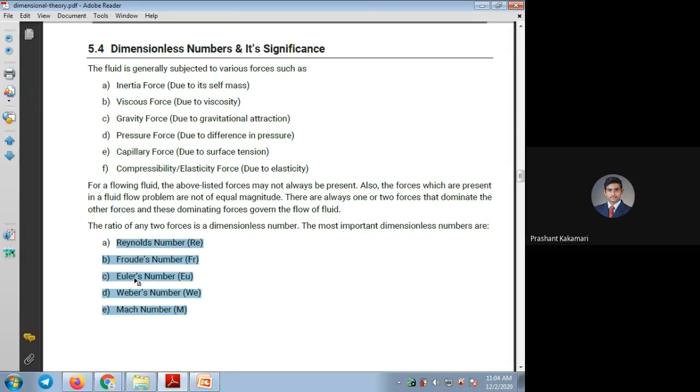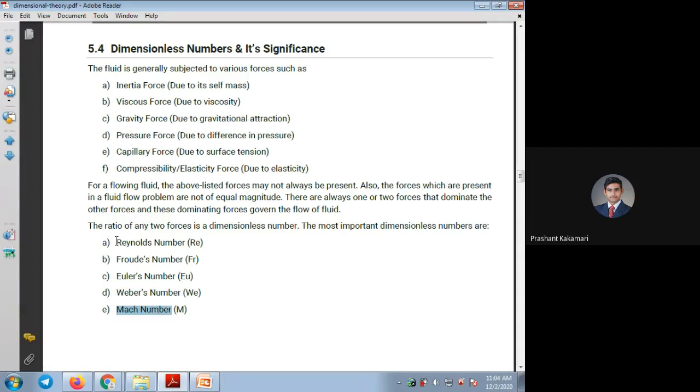According to the pronunciation, this can be pronounced in any way. Some books pronounce it like Froude's law or Froude number, some like Froude number. You can remember it easily. Then next we have Weber's number, We, then we have the Mach number.